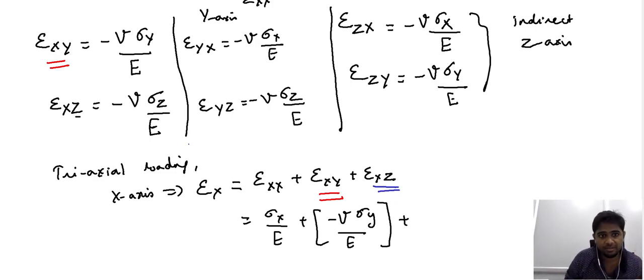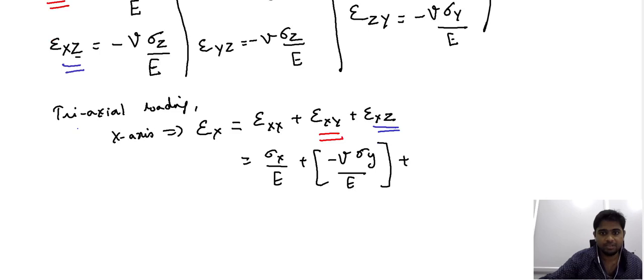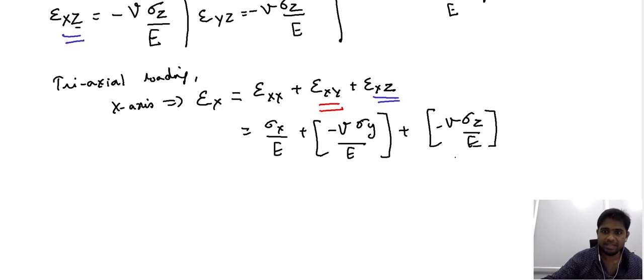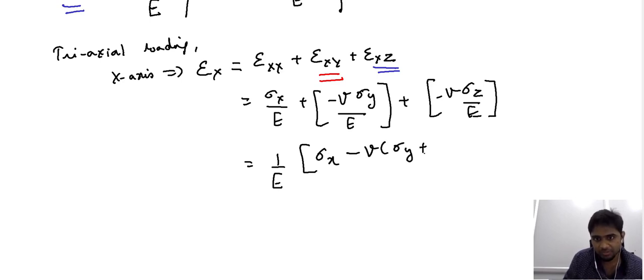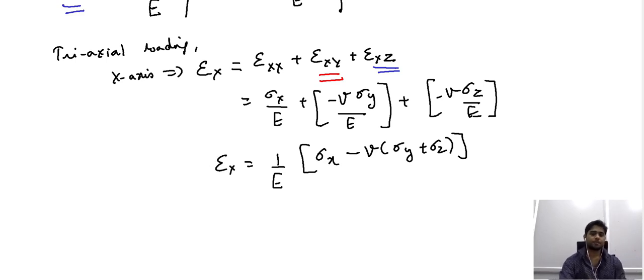We can substitute similar terms, that is minus mu sigma z by E. Now we can manipulate this expression, take the common terms out, take the 1 by E out, and we end up with an expression of this sort. So the overall strain along the x-axis for the triaxial loading condition is of this form.